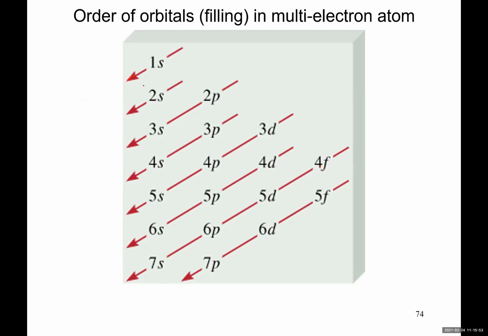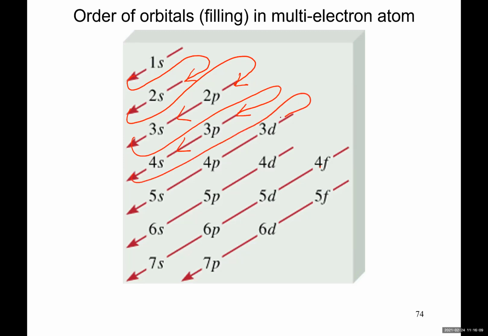Just go diagonally. After 1s, there is 2s. Go the same direction diagonally, then 2p, and 3s, and then 3p, and then 4s, and then 3d, 4p, 5s, and so keep going diagonally.